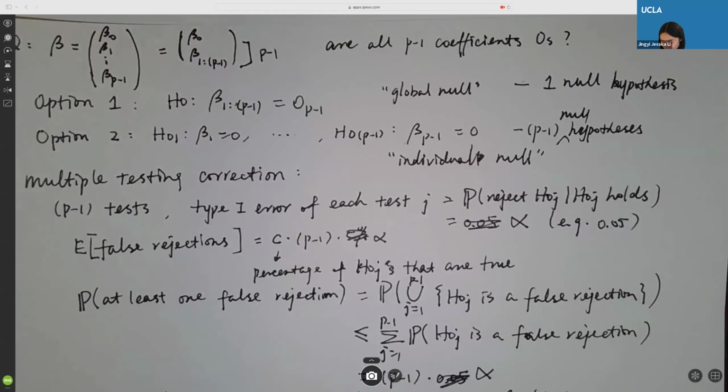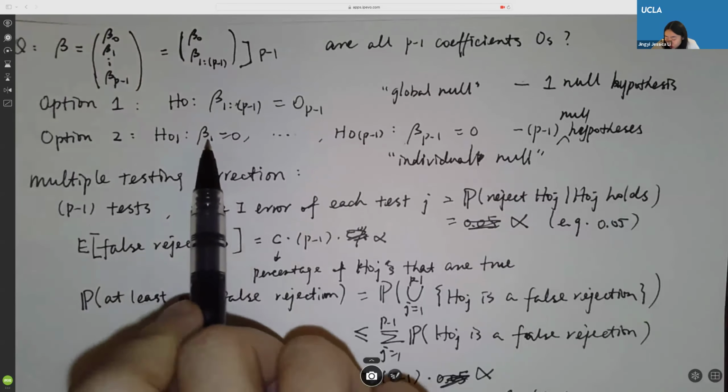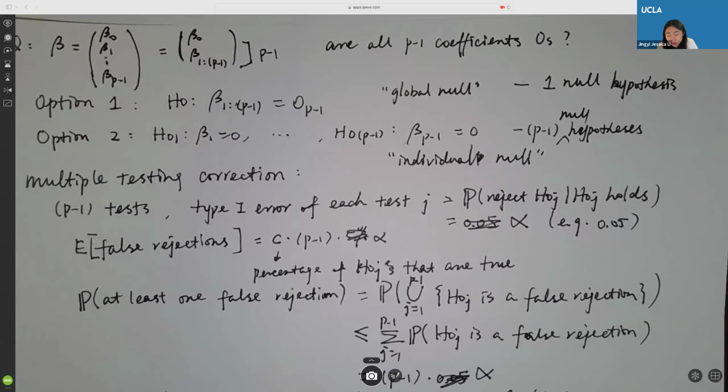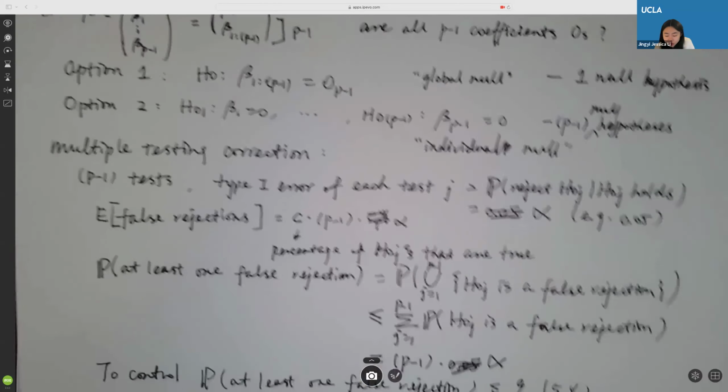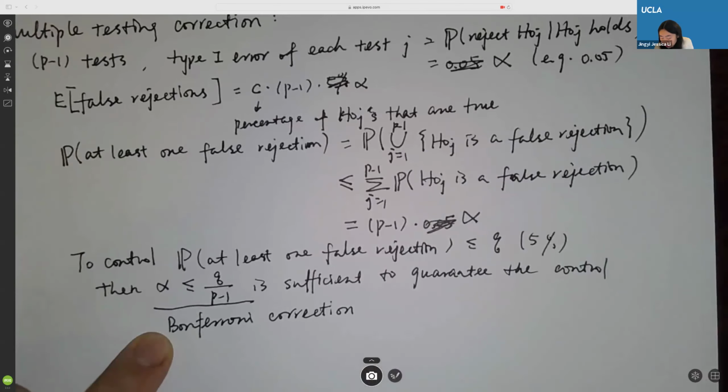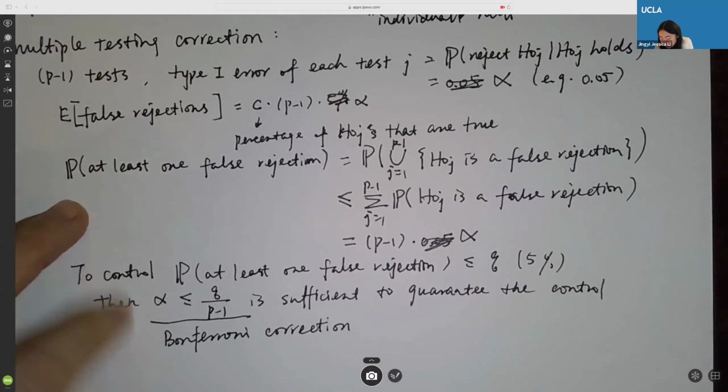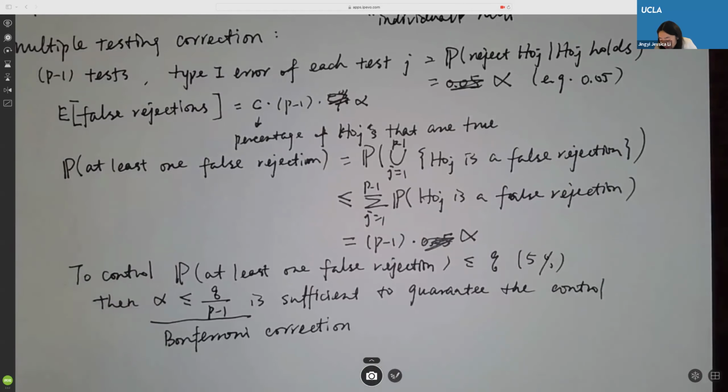Basically, they're one thing. If they're all equal, then no wonder that their coefficients should also be equal, right? In that case, if one of them is 0, they should all be 0, and that reduces to option 1, the global null.